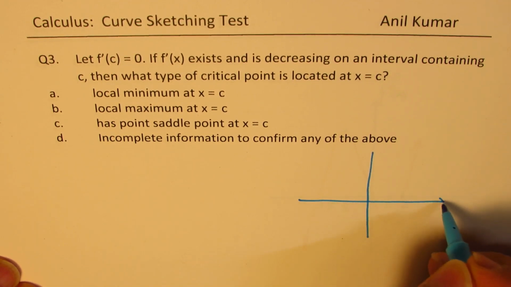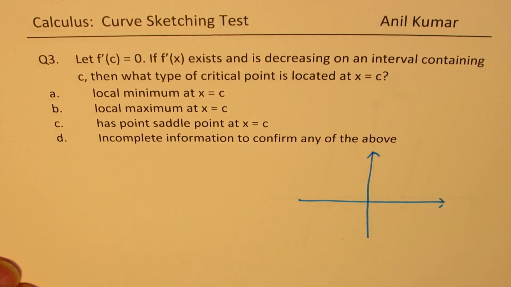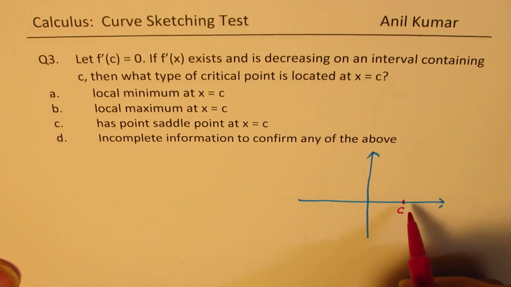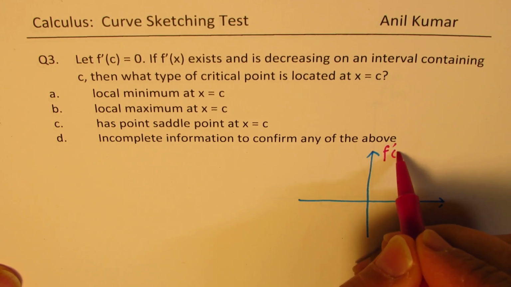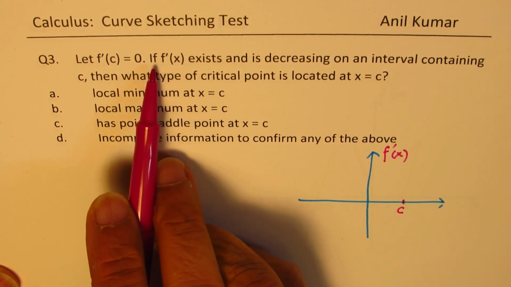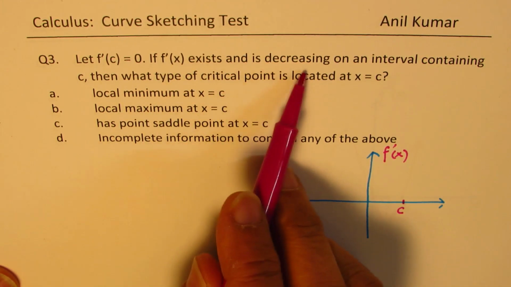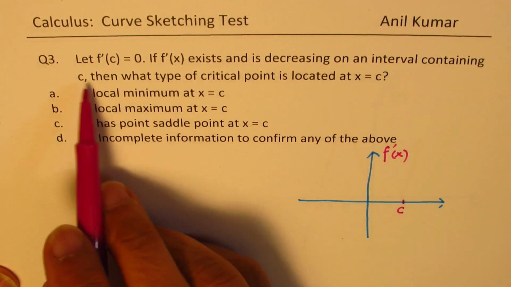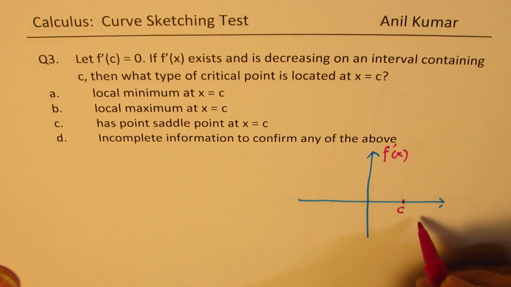So what we are trying to say here is that at c we have a derivative which is 0, right? So let's say we again plot the derivative of the function. The derivative exists and is decreasing on an interval containing c. So in this interval it is decreasing, kind of like this.